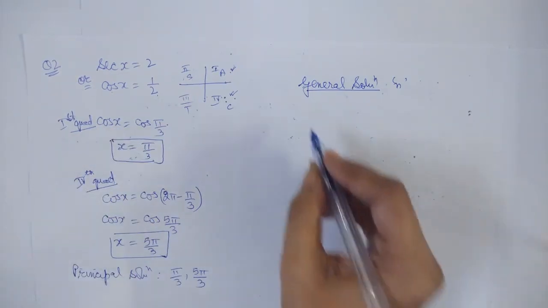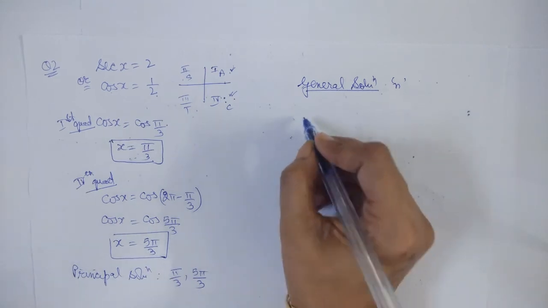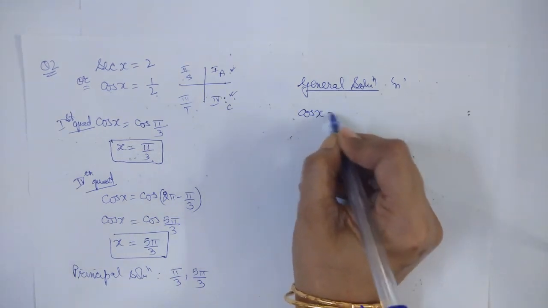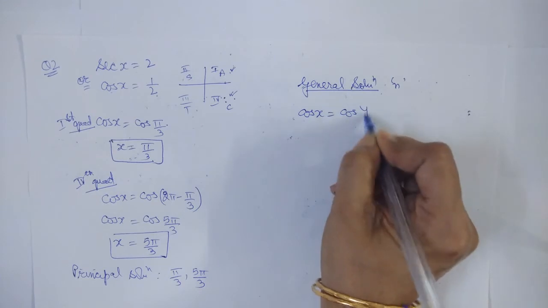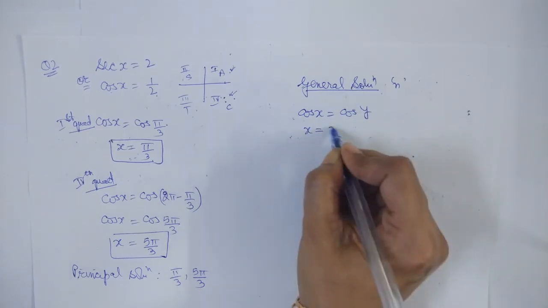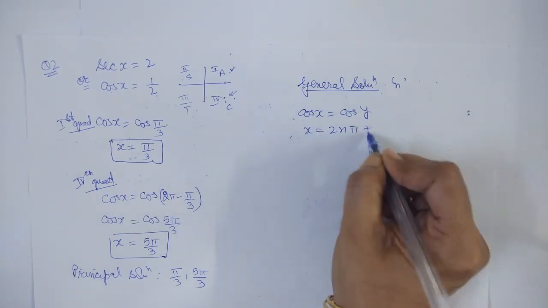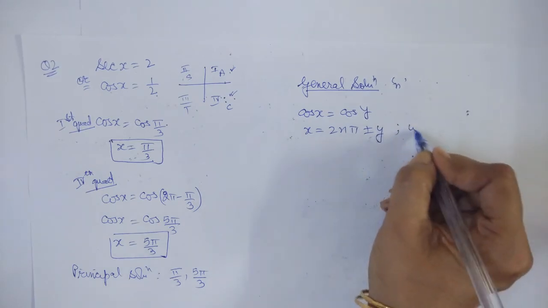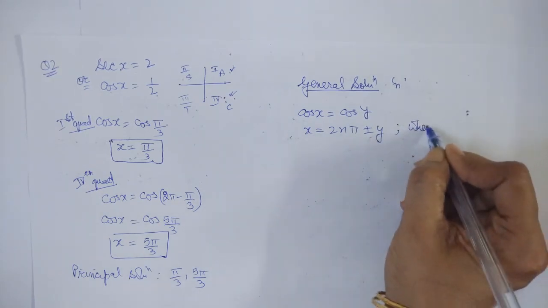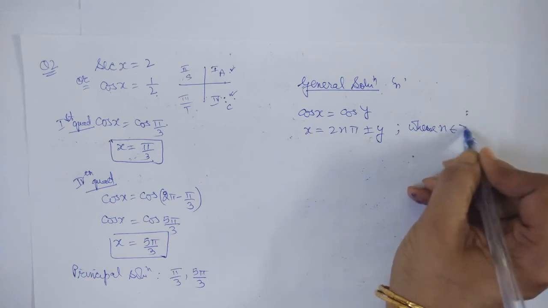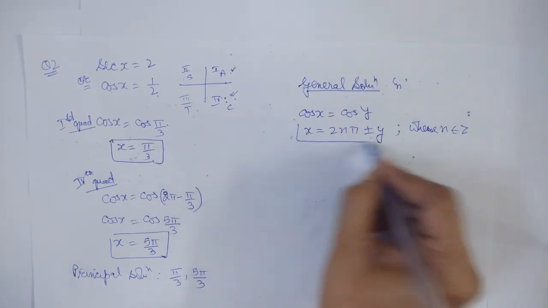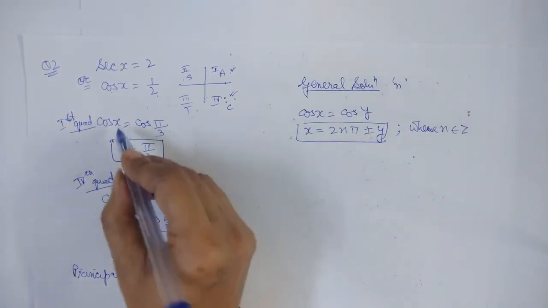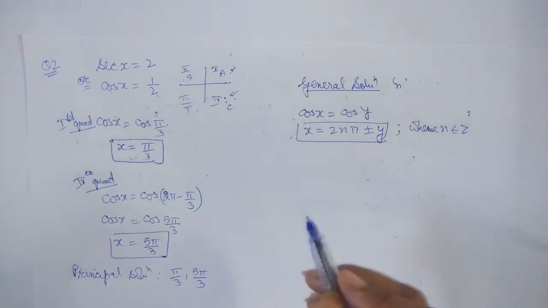So let's take the condition: if cos x equals cos y, then x equals 2n pi plus minus y, where n belongs to integer. Now apply this condition over here. This is x and this is y.